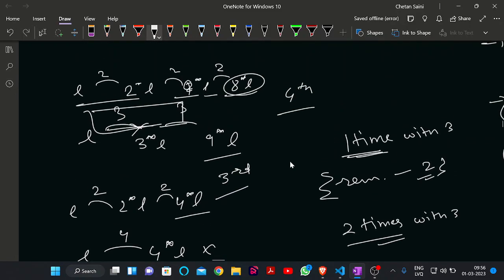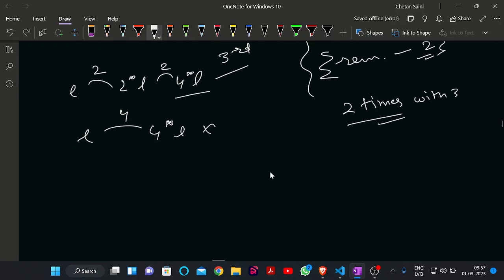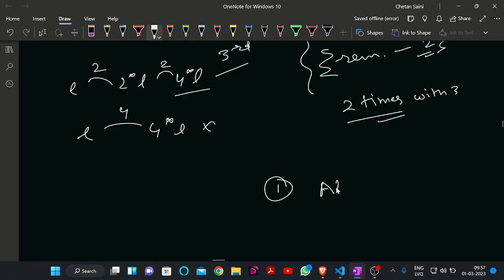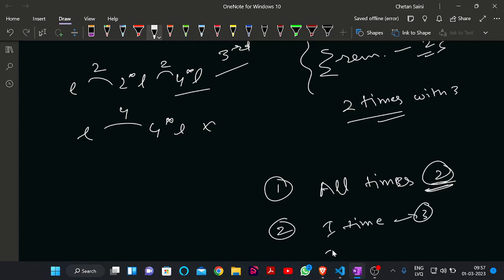So there can be only two conditions. One, all times we multiply with 2, and second, one time we multiply with 3 and the remaining times with 2.